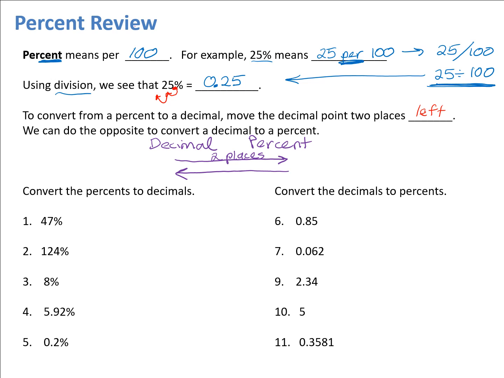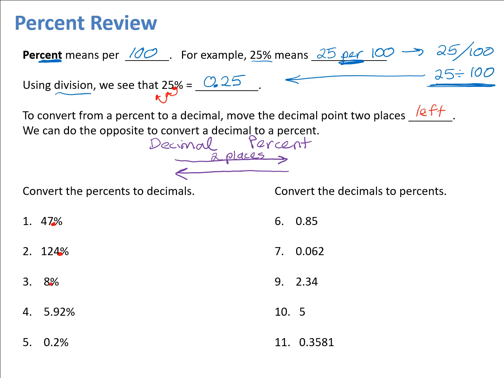Let's look at a few examples real quick. 47%, 124%, 8%. Let's convert these numbers on the left side to decimals. They're actually percents to decimals. Remember, if you don't see the decimal point, as we don't in the 47%, it comes at the end of the digits. 47 point, 124 point, 8 point.